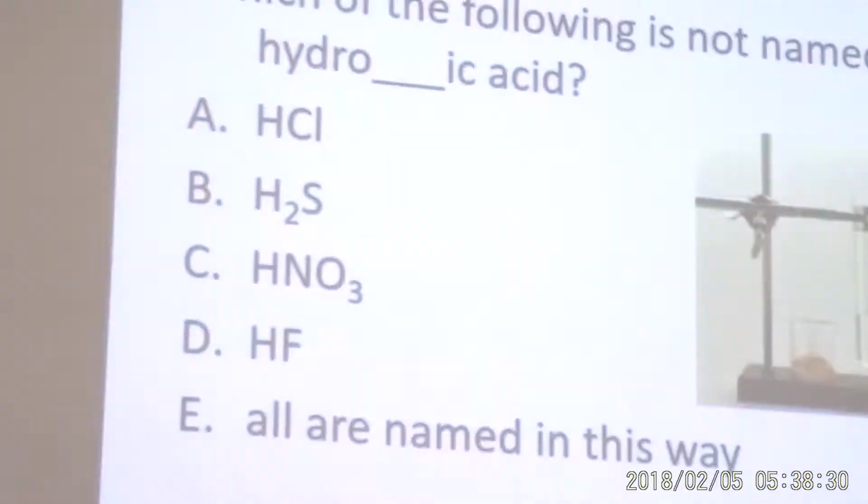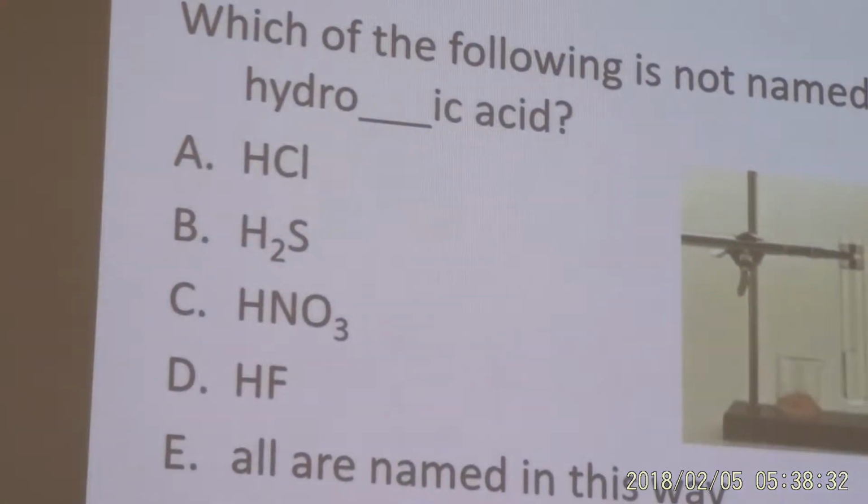Which one is not supposed to be named following the Hydro-blank-ic method here? C. Very good. What's the acid A? Hydrochloric. That's one that we want to have memorized, right? What's the second acid there? Hydrosulfuric. Good. The third one?